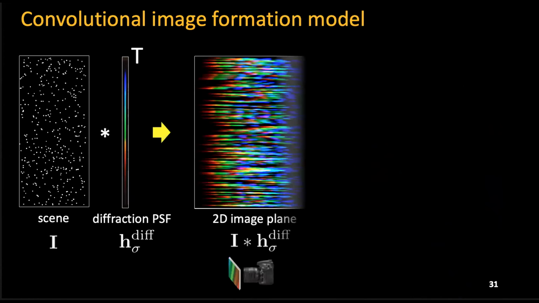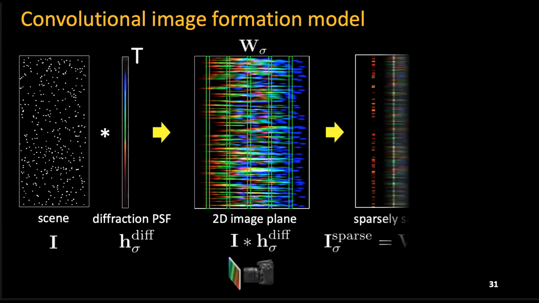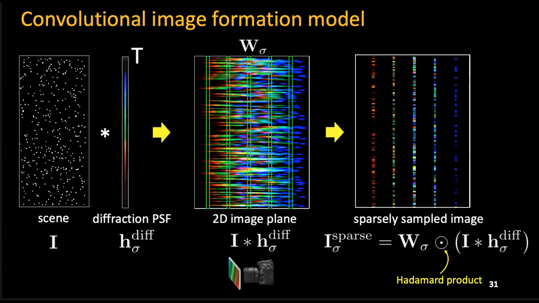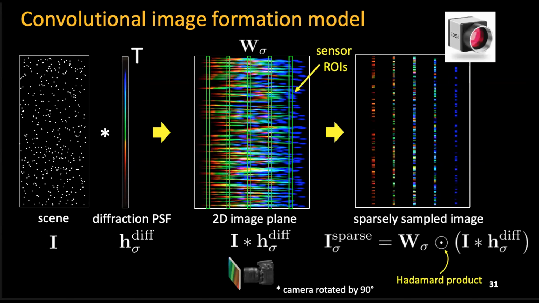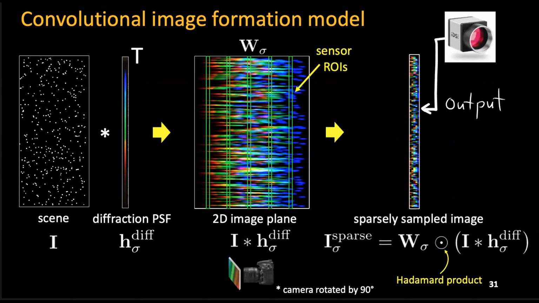And that's what you get here. You finally subsample it according to your sensor sampling, and that's the only thing that you measure. And as I said, you can specify sensor ROIs here, right? And so you would be measuring only a small fraction of your 2D image plane, and therefore it could be really fast, okay? And so now the question is, how do we deconvolve this from a sparse set of measurements?